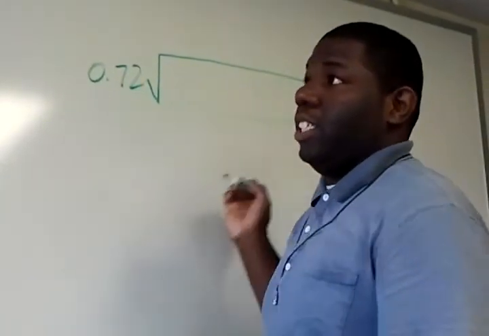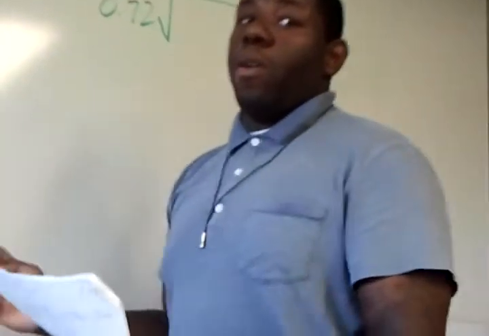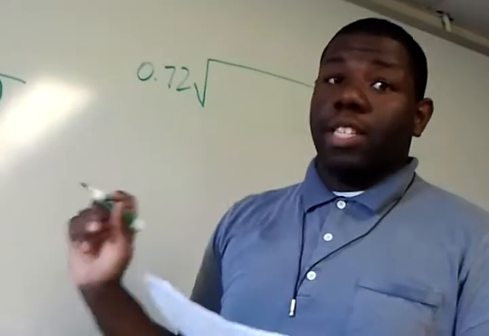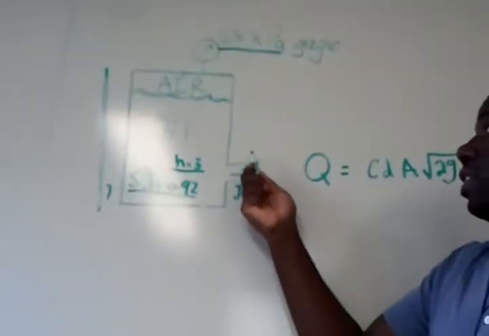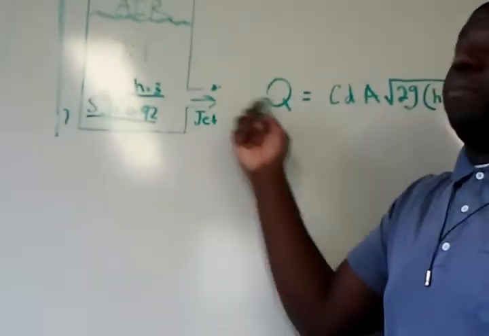So, what is g? G is gravity, and we explain it in meters per second squared, because that's where we want to explain the gravity on the flow as it comes out of our jet.